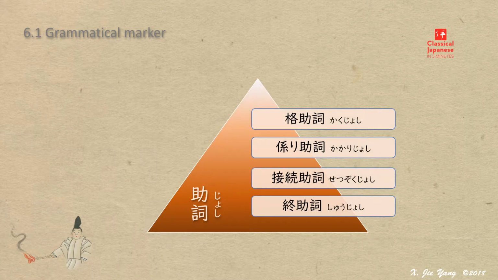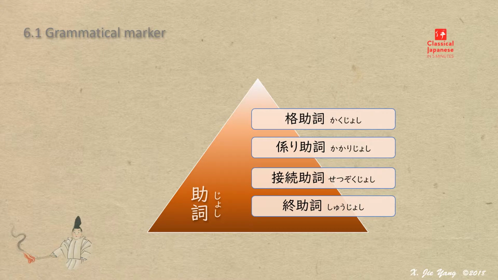A particle is a rather very large group. Based on its usage, we further divide them into a few subgroups, such as those used with a noun and providing grammatical function, kakujoshi, or case particles. Those providing additional meaning and requesting a fixed form of the declinable word at the end, kakarijoshi, or postpositional particle.